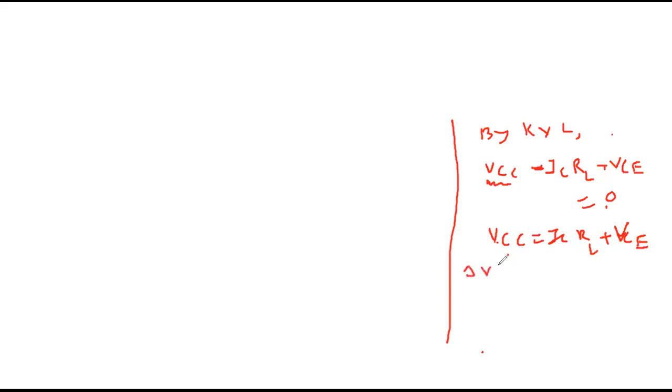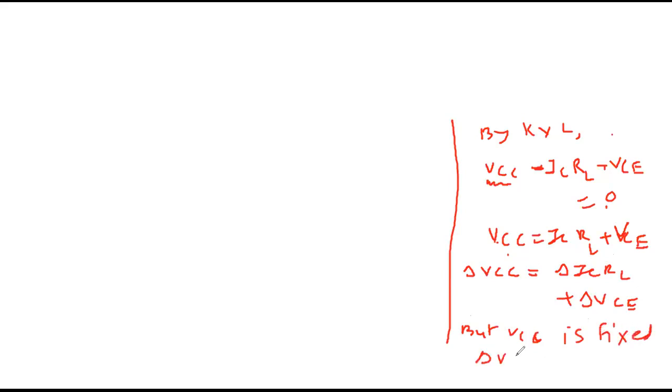If I put delta, delta means change, then everywhere I should put delta algebraically. What is VCC? It is the battery voltage, which is fixed. If VCC is fixed, that means there is no change in battery, so the change in battery voltage is 0.